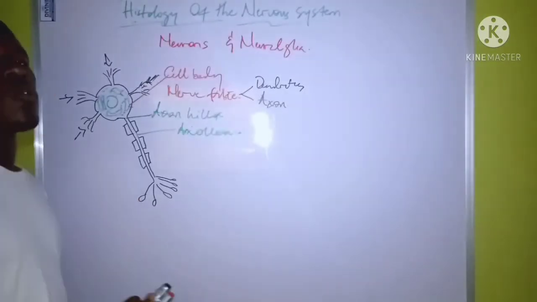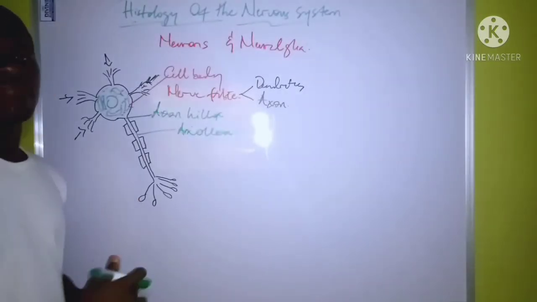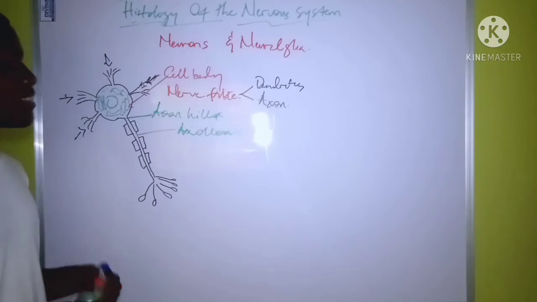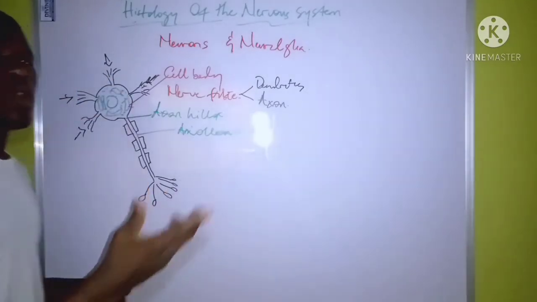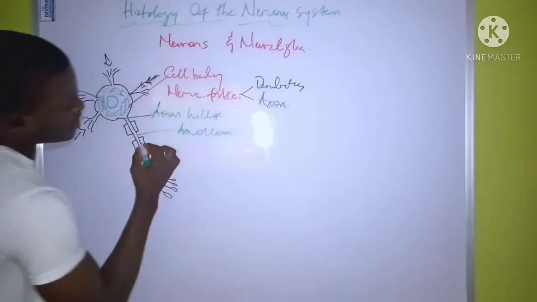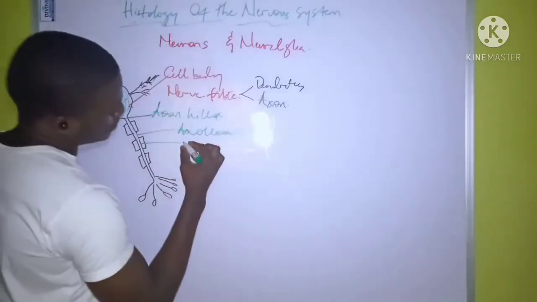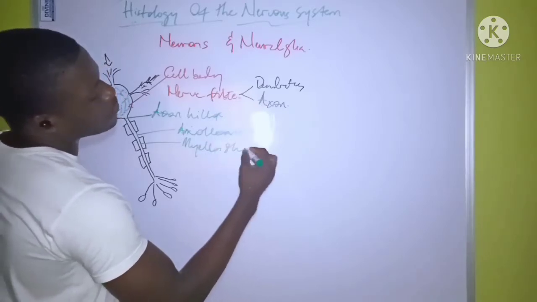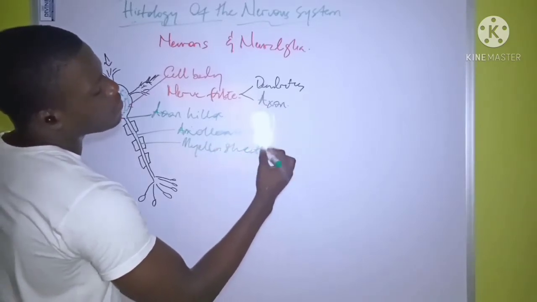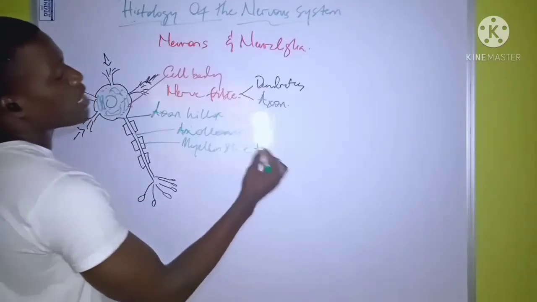Now, the axon is covered by a sheet, which is referred to as the myelin sheath, and the myelin sheath helps to speed up the rate at which impulse is transmitted within the axon. So this is the myelin sheath, which speeds up the rate at which impulse is transmitted within the axon.